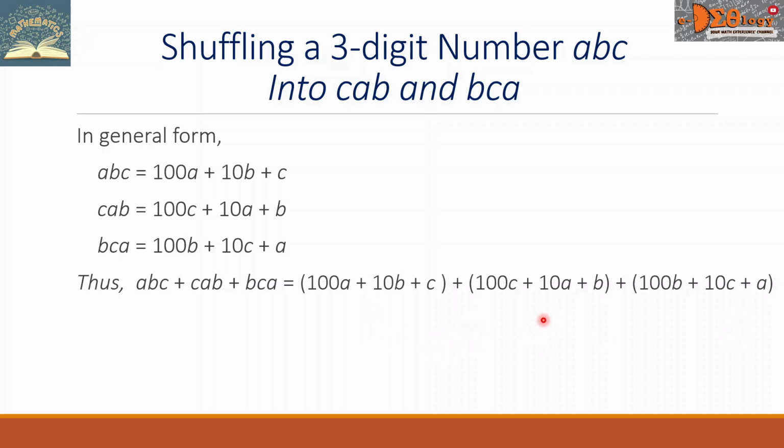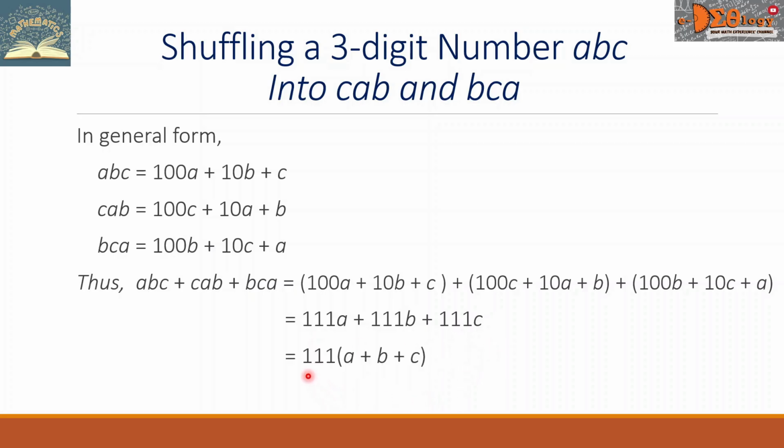When we remove the grouping symbols and combine like terms, we will find the answer is 111A plus 111B plus 111C. The number 111 is common to the three terms. We can factor it out.